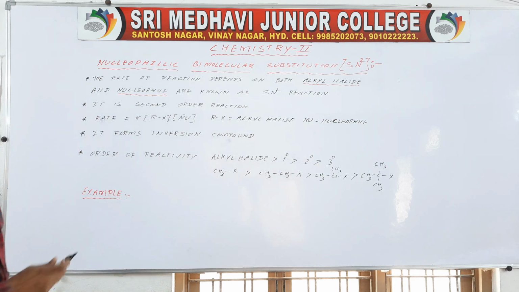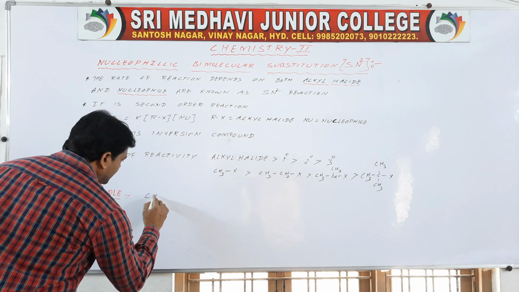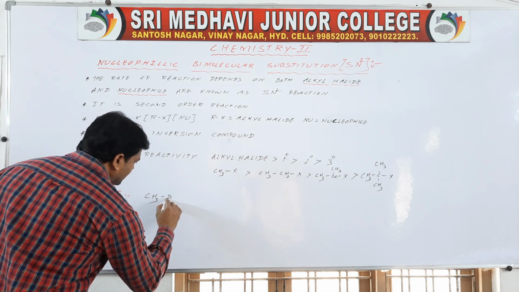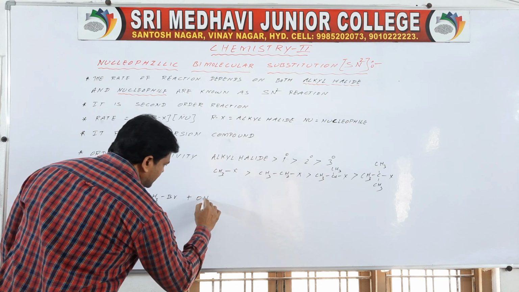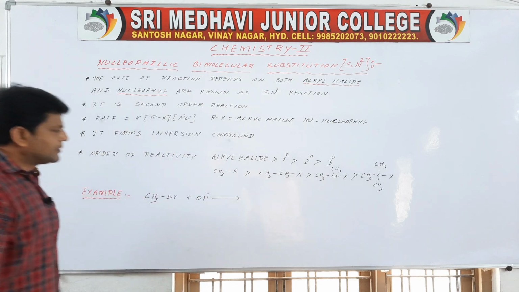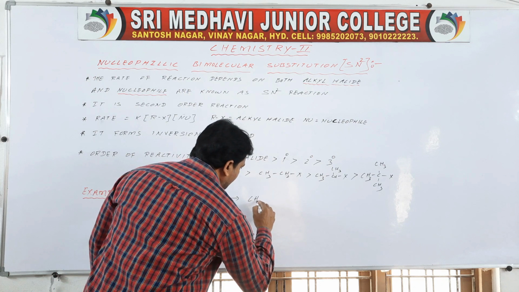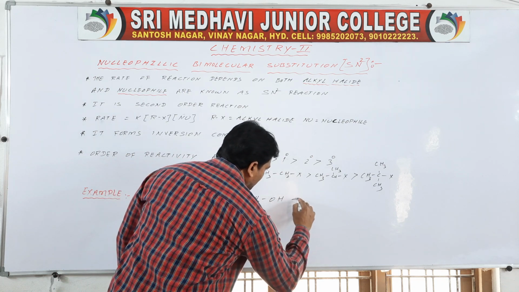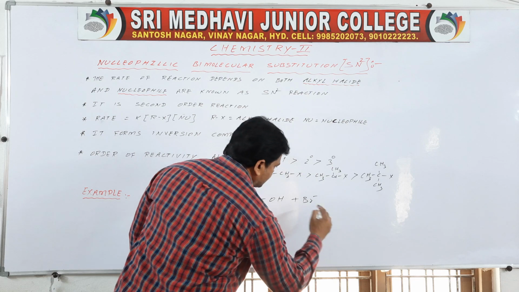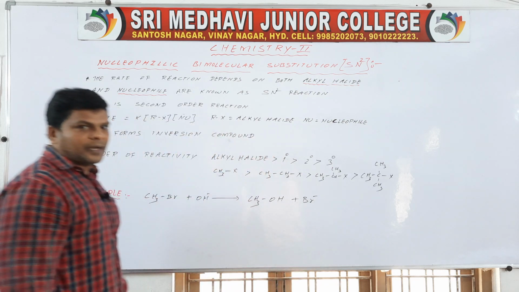Example, see students, CH3Br plus OH minus gives rise to CH3OH plus Br minus.